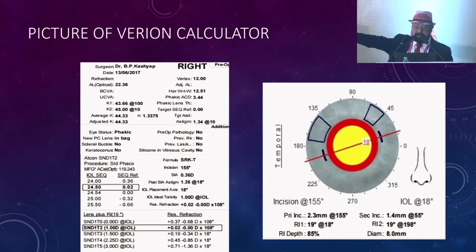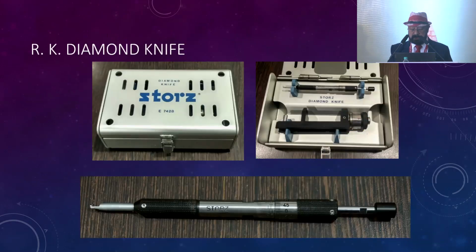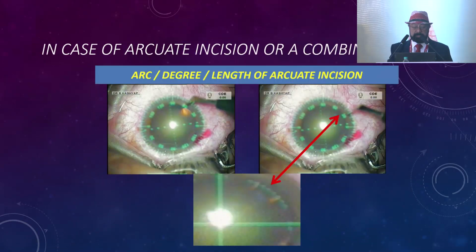It gives you that the incision should be at 155 degrees, the Arcuate incision should be approximately a 19 degree arc, and the depth should be 85%. I do a modification here. I go up to 95% depth because I had been an ARC surgeon earlier, so 85% depth doesn't serve you much. So this is the arc knife.